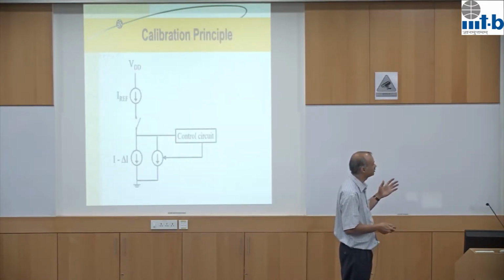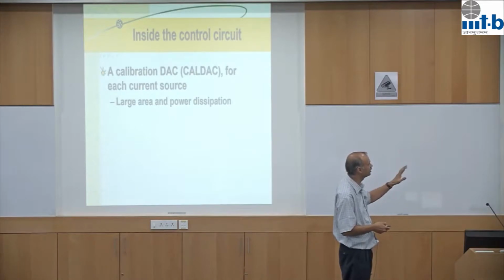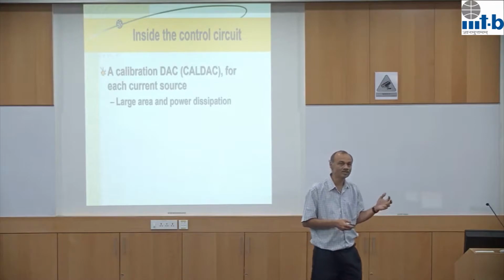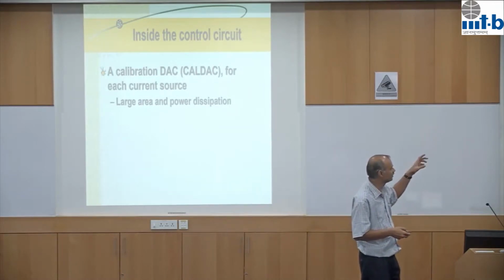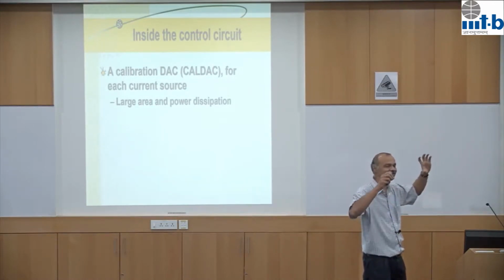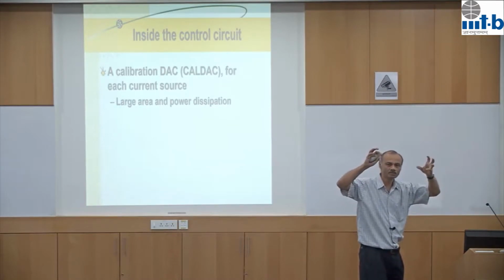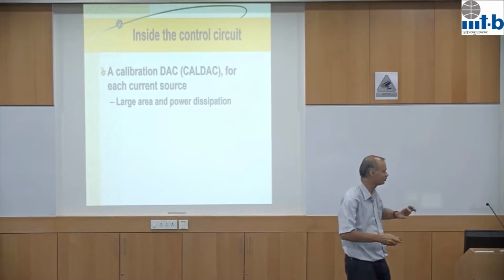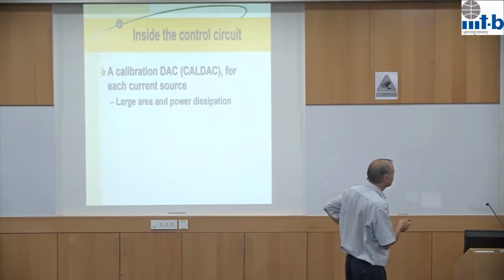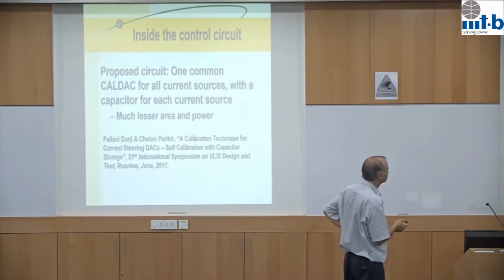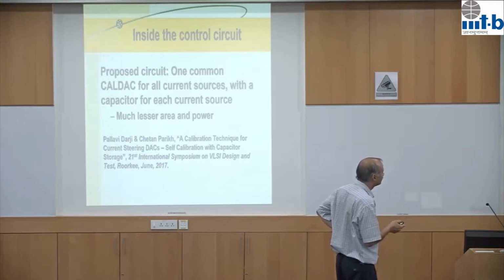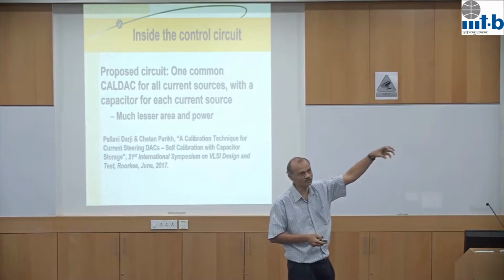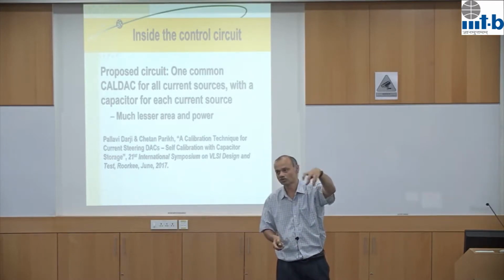So that was a successful scheme, but it required a lot of area and it dissipated a lot of power. The advantage was that the cal DAC can save and remember whatever it calibrated to, for a long time to come. So the scheme we came up with: can we use one cal DAC for all current sources instead of one for each of the 4 or 12 current sources?